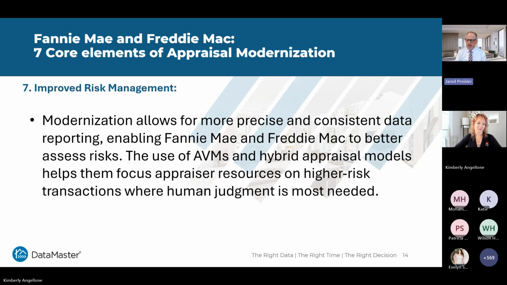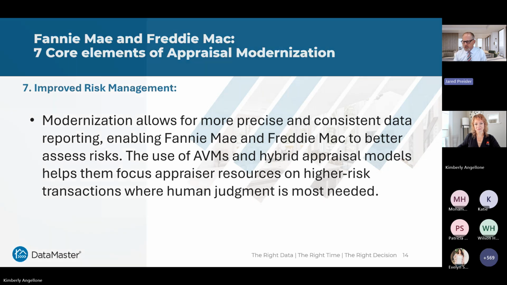And they don't want to replace us with modernization or with technology. We're just going to use this technology coupled with our human judgment to make for a better process and lower the risk in the mortgage industry that they're participating in.